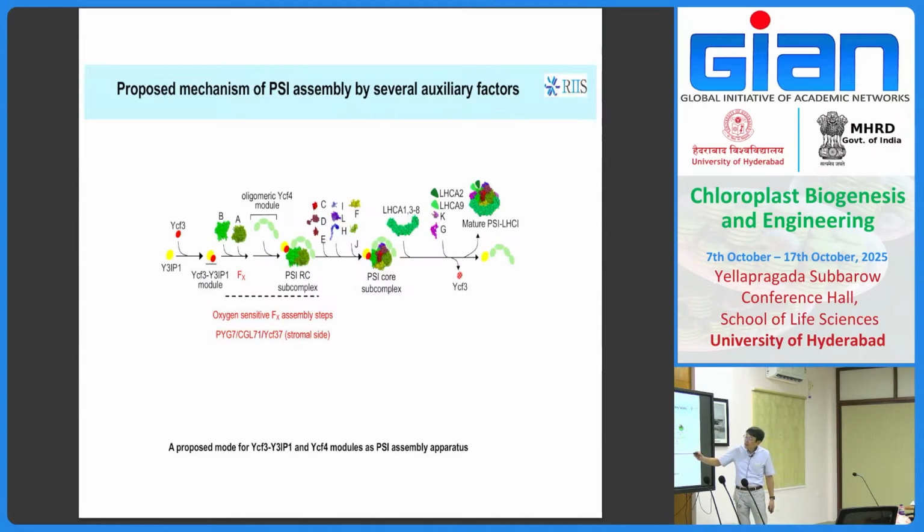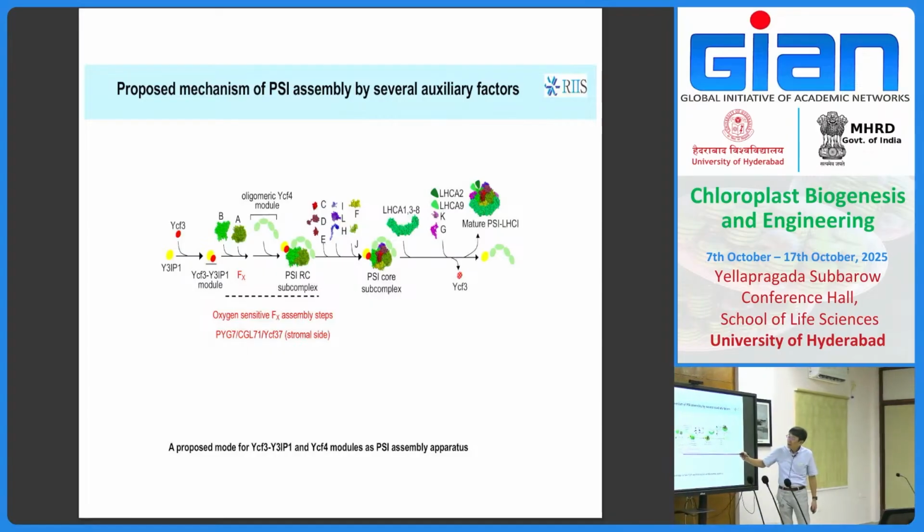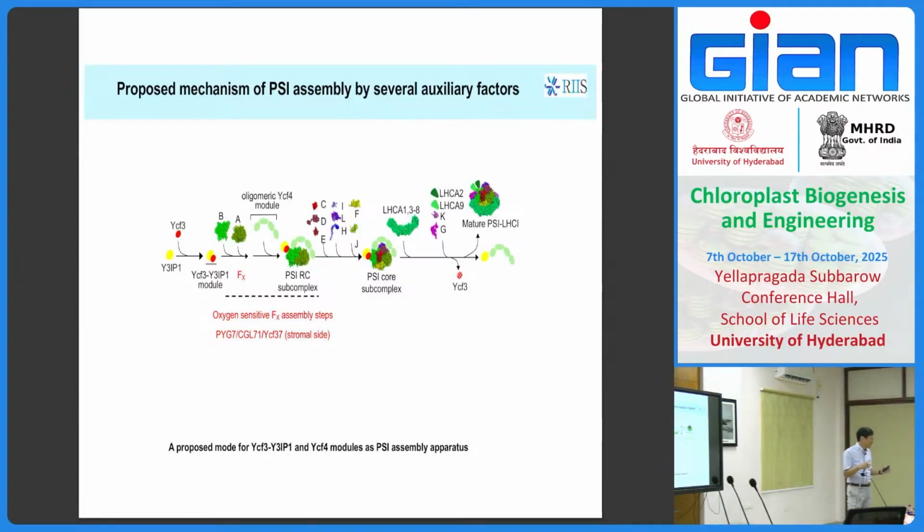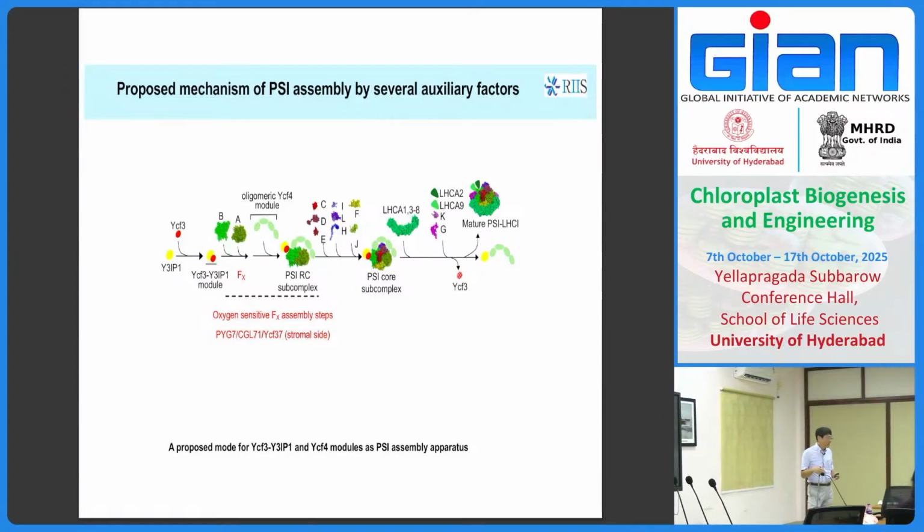Arabidopsis is PYG7, Chlamydomonas is CDL71, and cyanobacteria is YCF37. It's a different name depending on the organism, but it reflects the mutant phenotype, pale yellow-green without PS1.